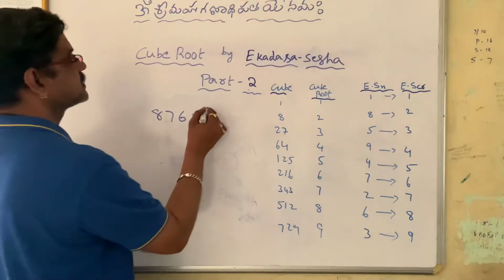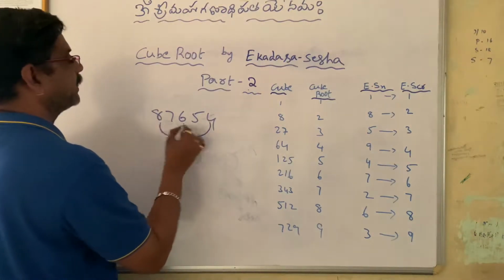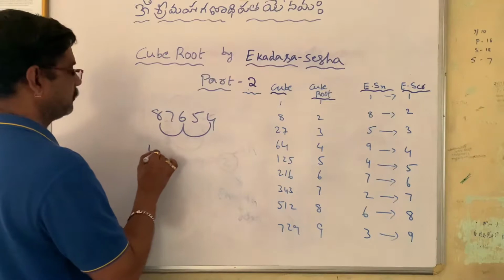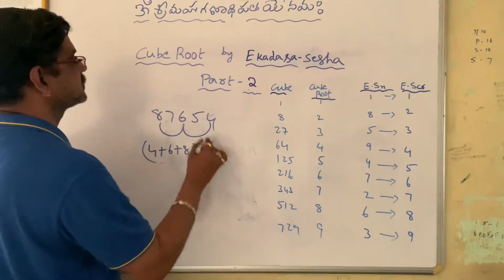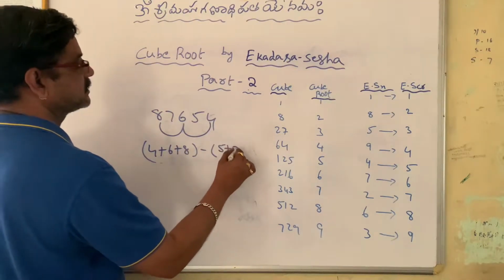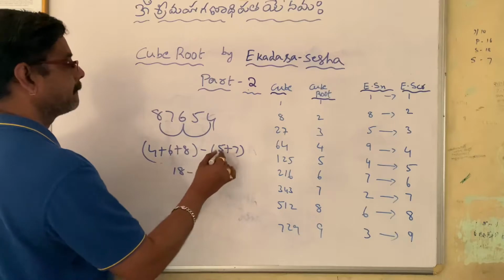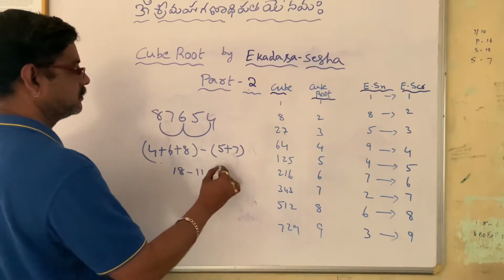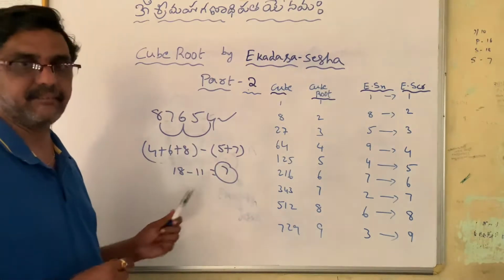So what to do first? Starting from the end, you take the alternate digits: 4 plus 6 plus 8 minus 5 plus 7. 4 plus 6 is 10, plus 8 is 18, minus 5 plus 7 gives 11 less than... so the Ekadasi Sesha of this number is 7.